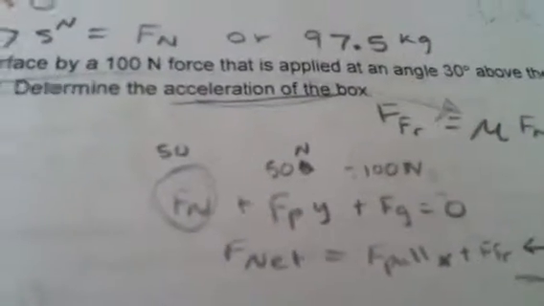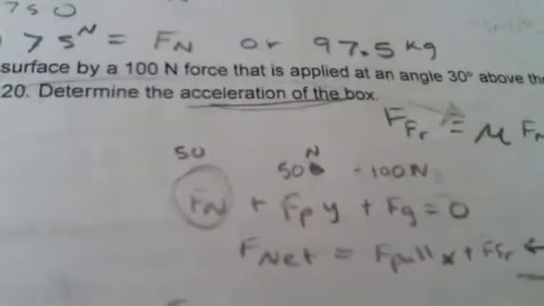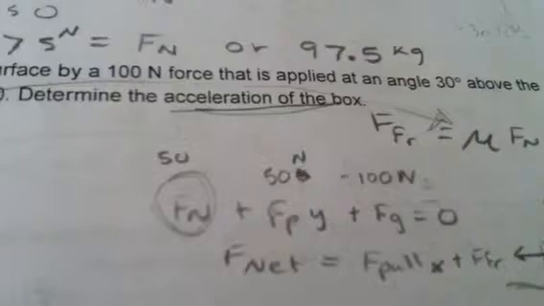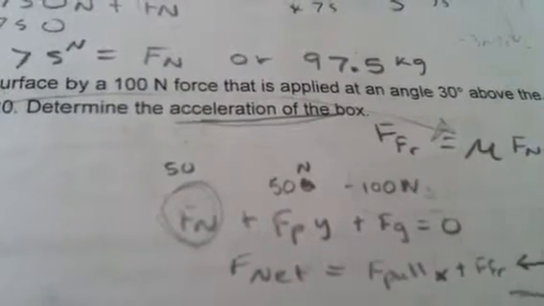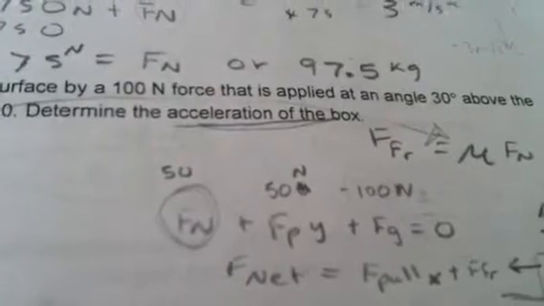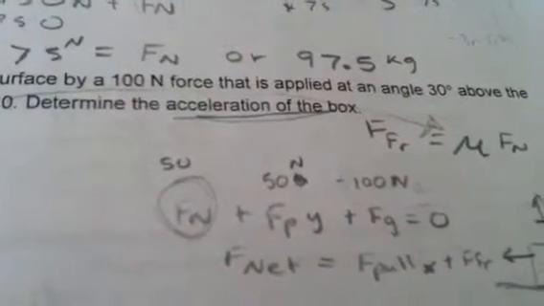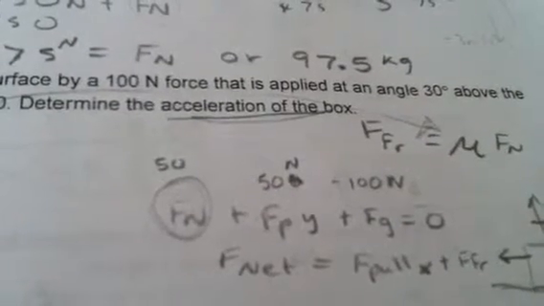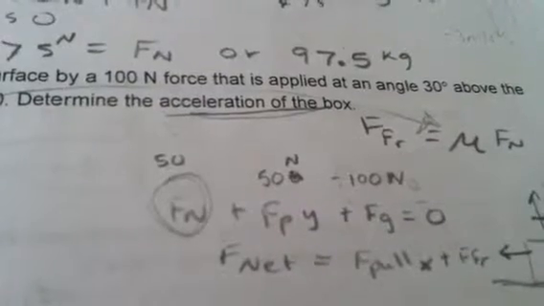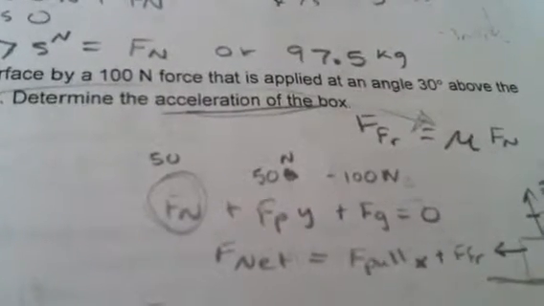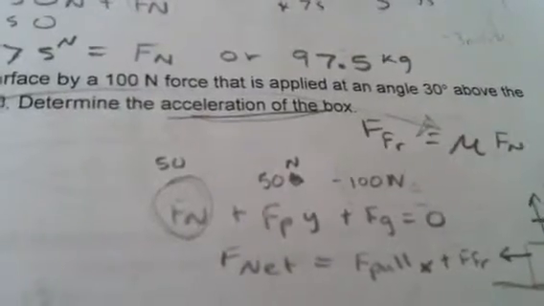The problem doesn't tell us anything about force normal, so we need to solve for it by finding out what force pull y is. The box's weight, from the 10 kilograms, is 100 newtons, and that would be negative because it's gravity. If we can find out what force pull y is, then we can just add that to negative 100 newtons to find the result.